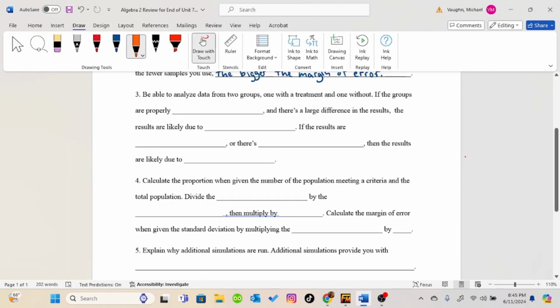On number 3, you'll need to be able to analyze data from two groups, one with a treatment and one without. If the groups are properly randomized and there's a large difference, the results are likely due to the treatment.